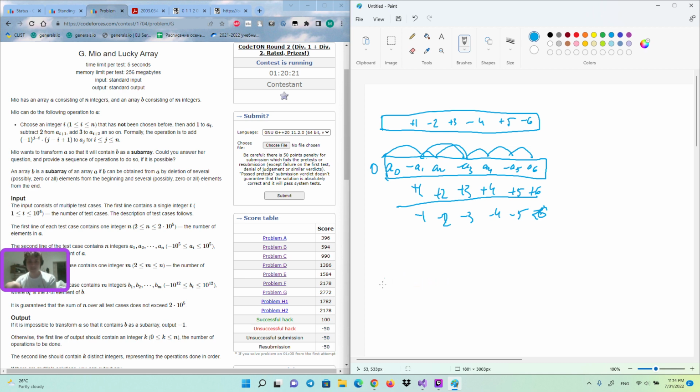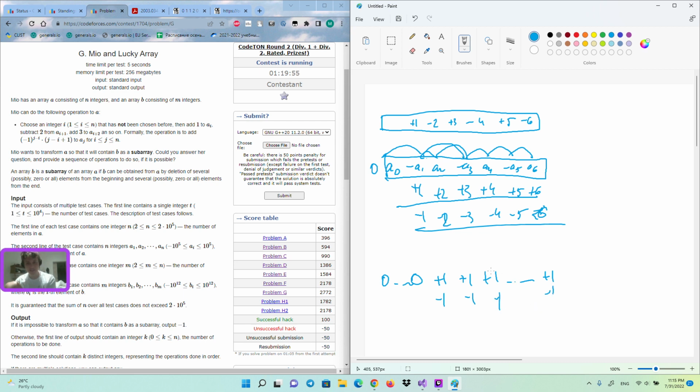In this case, we simply have some zeros. Then we have plus 1, and we have plus 1 till the end. And in this case, we have minus 1.